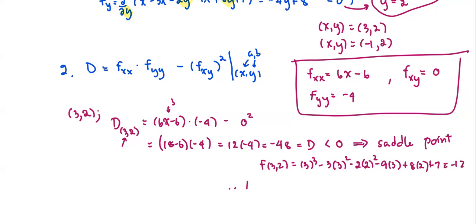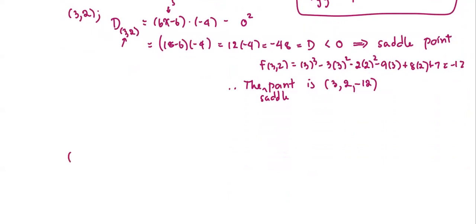So the saddle point is (3, negative 12) on the graph.